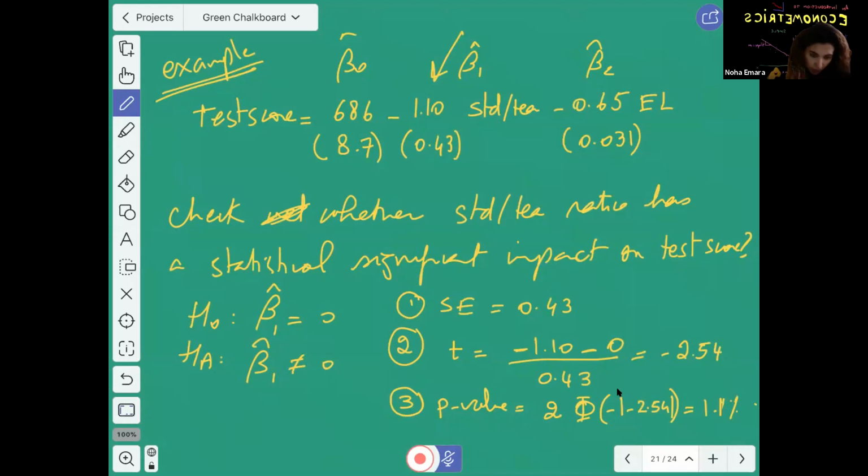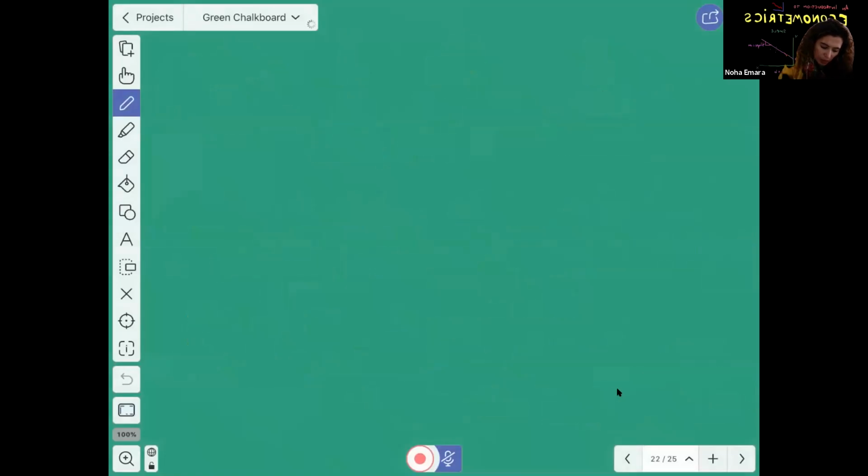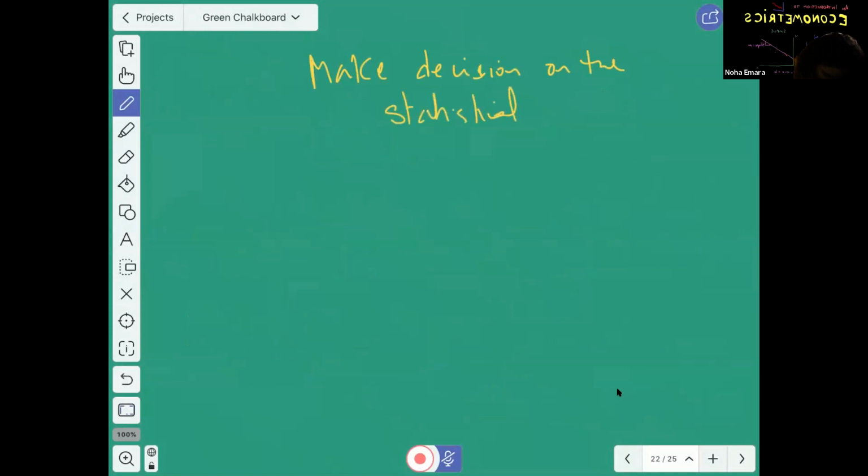Now we need to compare our results with the critical value and the significance level, because we need to make a decision on the null, on the statistical significance of beta 1. I have two options.